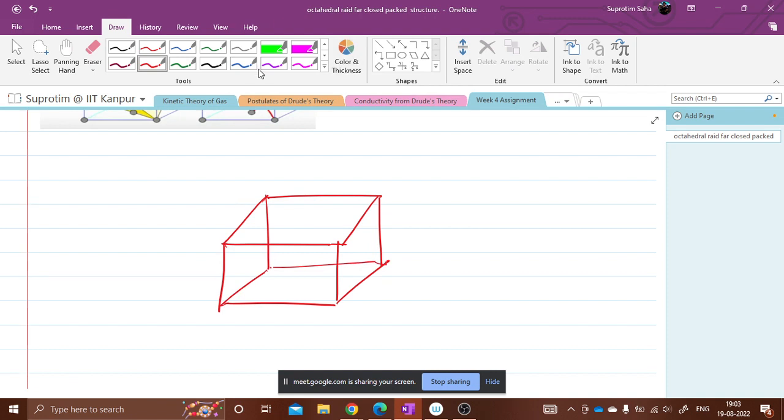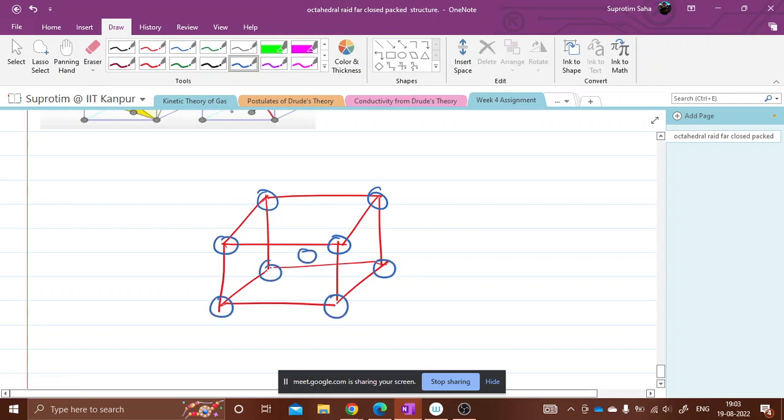The atoms will be at the corners and also at the center.